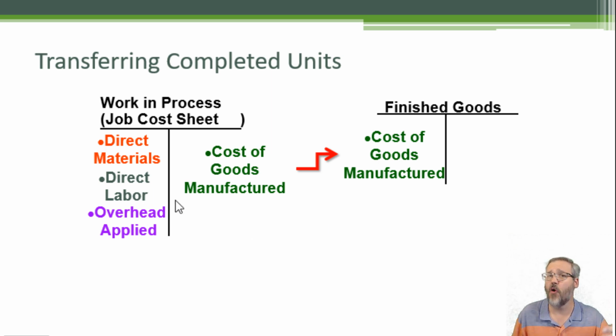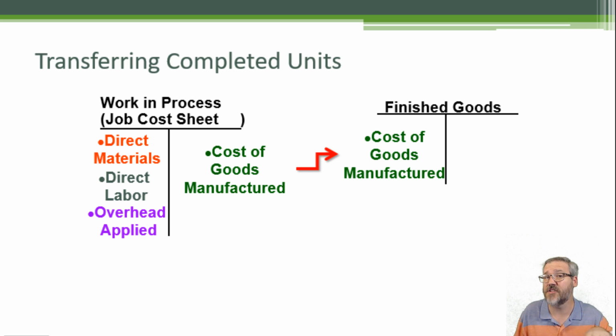But once this house is done, all of my costs sum up to a cost of goods manufactured. The total of my costs to manufacture this house are going to be transferred into finished goods. And remember, these are all asset accounts. So when I have raw materials, I've got a debit balance in raw materials. I credit it to pull them out. I debit work in process. When my work is complete, I've got a bunch of debits in work in process.